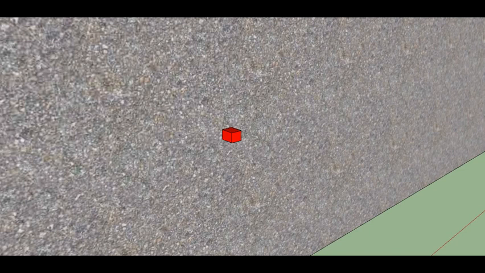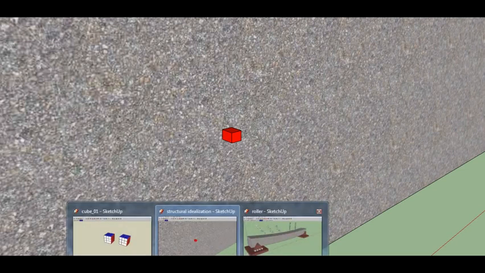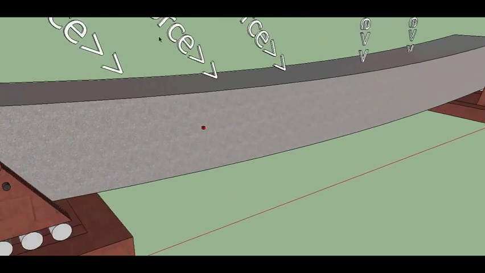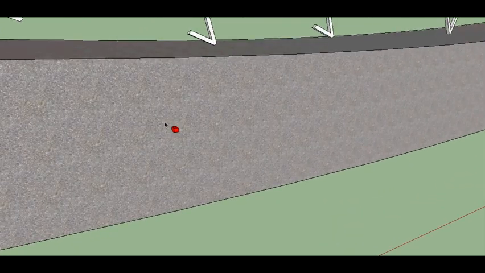Now when the beam is subjected to some forces, it gets deformed along with the point. Due to the deformation of the beam, the point moves. Just like the Rubik's cube, it gets a new position, and this movement or deformation has two components.